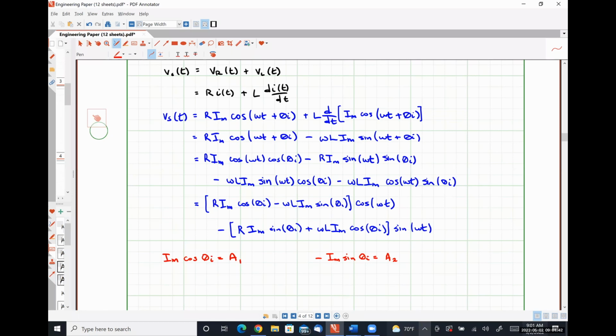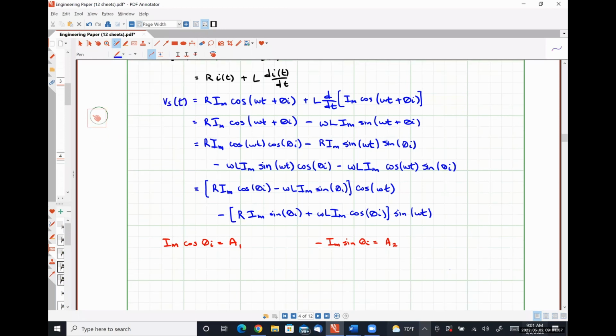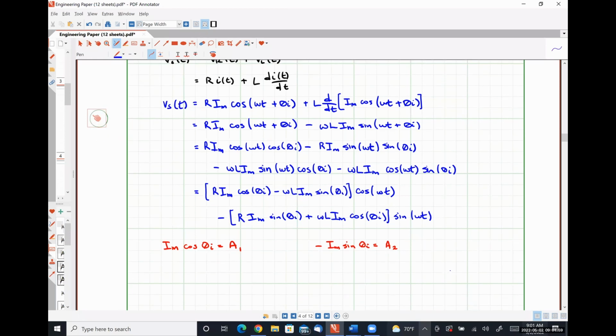Just doing a simple substitution here so that I don't have to carry through too much stuff. And so what this should give me is Vs of t is equal to, so let's see.